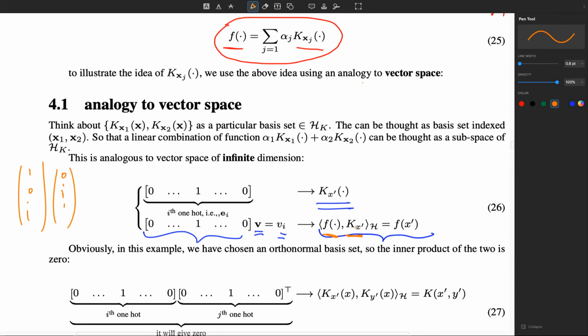Okay, so in the same spirit, you are now computing the inner product. By the way, you have to compute the inner product in that particular RKHS. And by the way, you should have a K in here as well, right? Because every K defines a different RKHS.